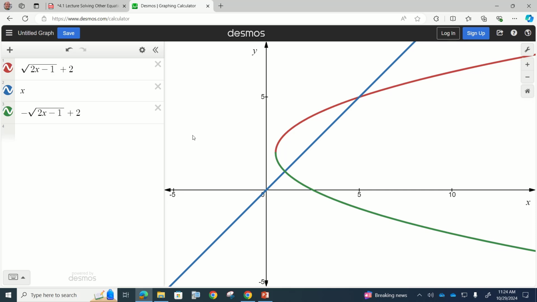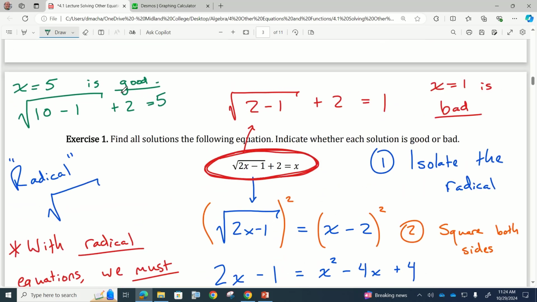But if you actually take the negative square root, it finishes out the parabola shape. It's just on its side. And that bad solution, that's not actually a solution to your equation, was x equals 1 for the first example anyways, right? And that's exactly what we got. So we got x equals 5 was good, x equals 1 was bad.